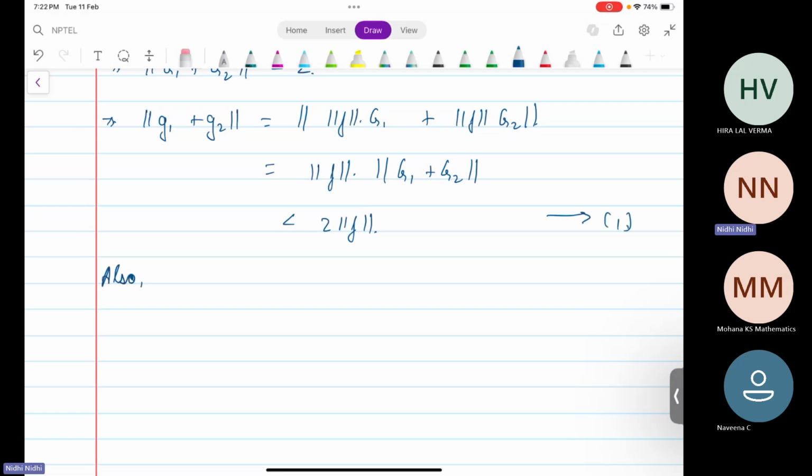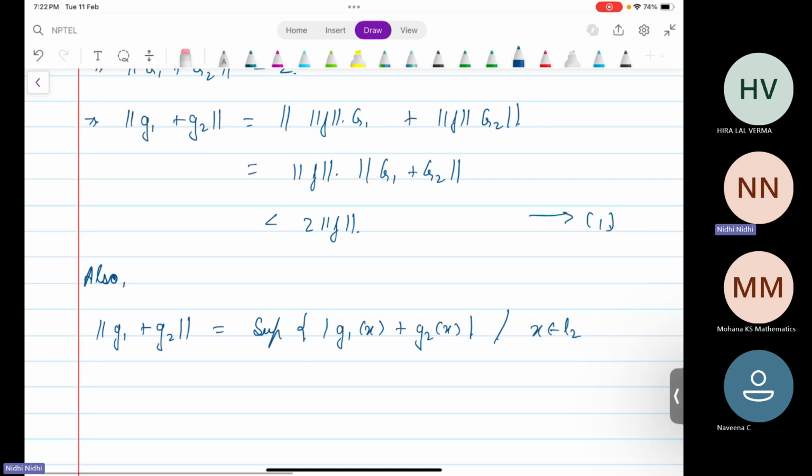Also, norm g1 plus g2 is equal to the supremum of mod g1x plus g2x, where x is in L2 with norm less than or equal to 1.